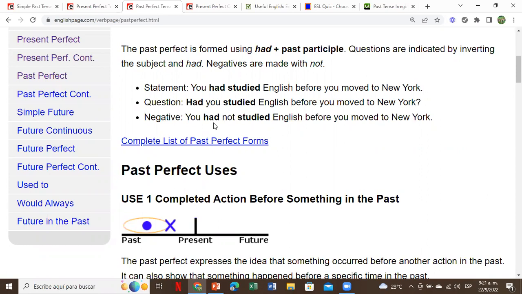No dice studies, no dice tampoco studied, sino que en ese caso el verbo cae normal. Aunque esté en tercera persona, si yo quiero decir, él no estudió, he didn't study, el verbo cae siempre normal. He didn't study, she didn't cook, es decir, el verbo no cambia.